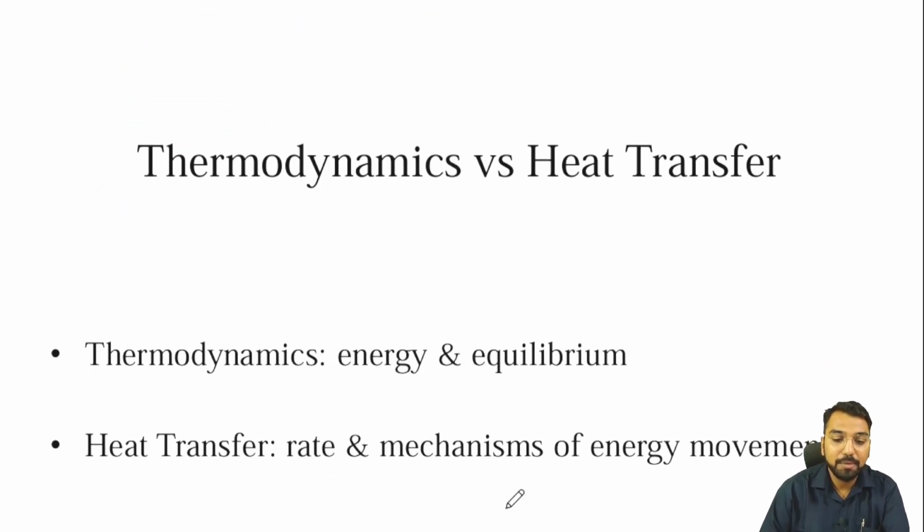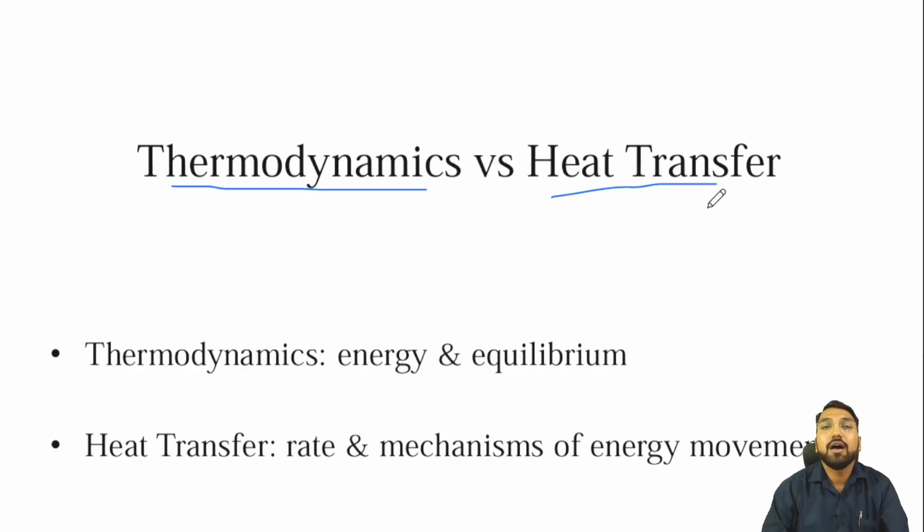Thermodynamics versus heat transfer: we have seen the main difference between them. Thermodynamics deals with equilibrium, and in heat transfer we are not dealing with equilibrium. That means in heat transfer, if two objects have the same temperature, then heat transfer will not take place.